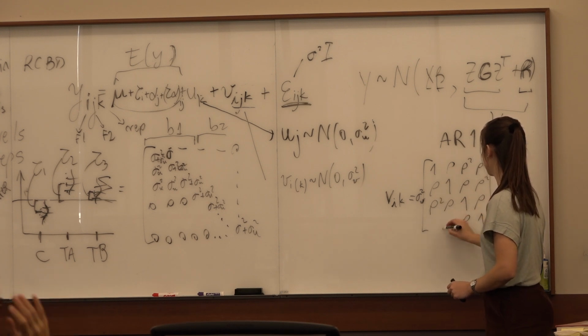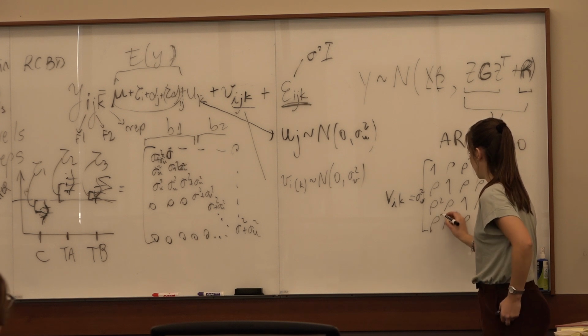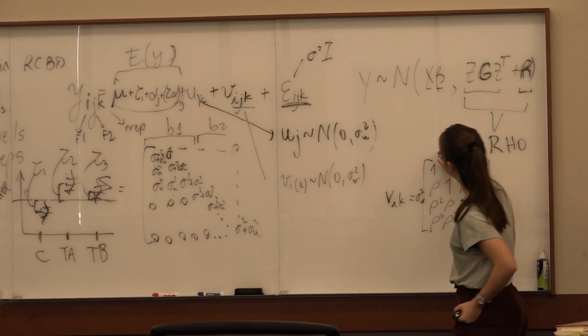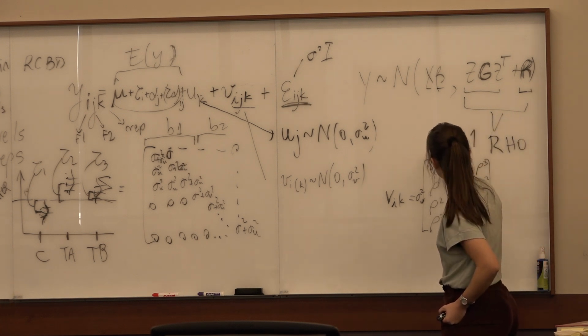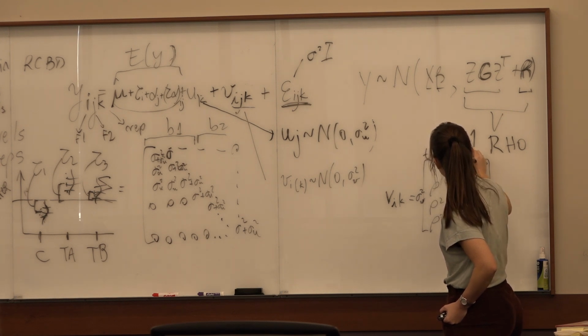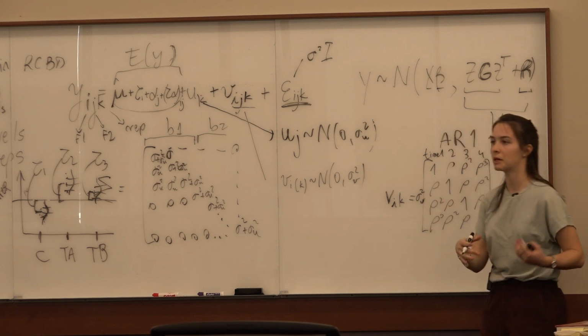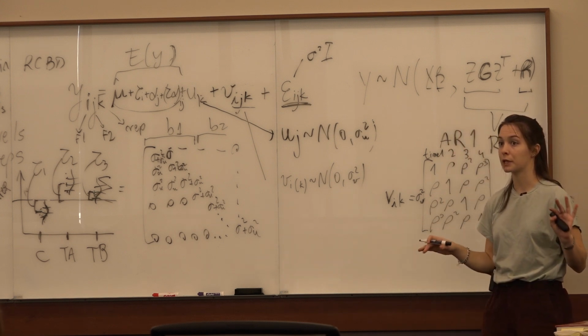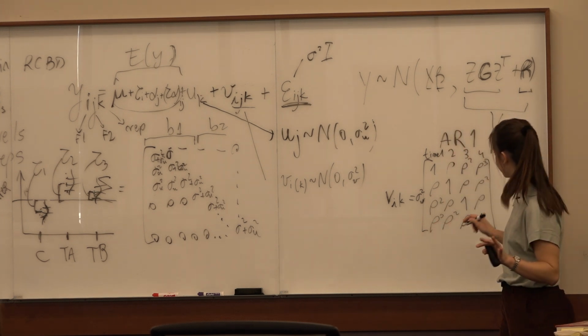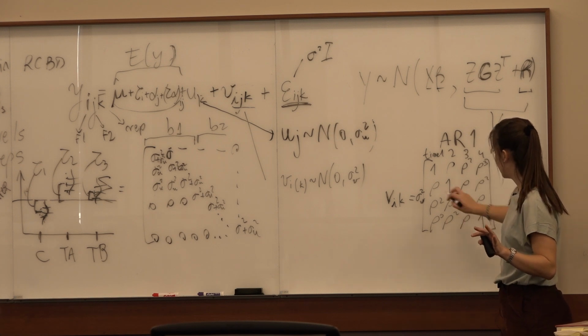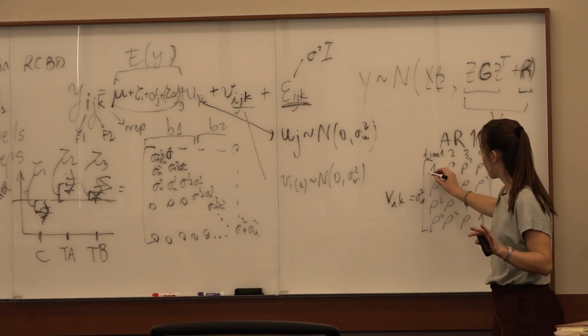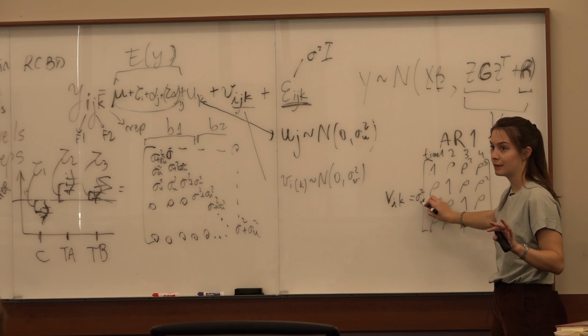I'm going to show you what this means in a second. And this would be time 1, time 2, time 3, time 4, assuming they are about regularly spaced. The variance is sigma squared v.